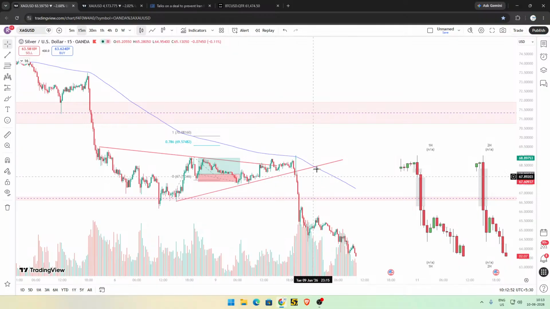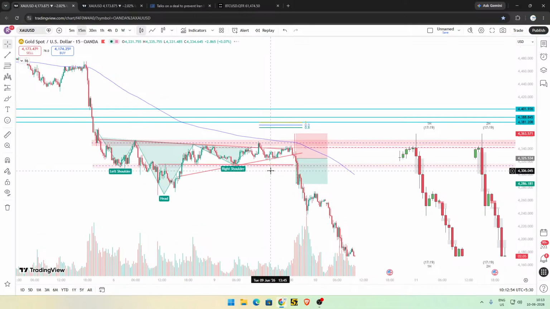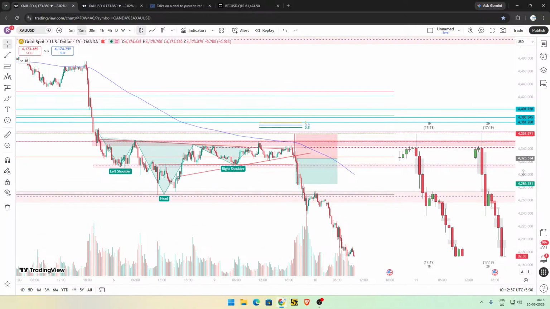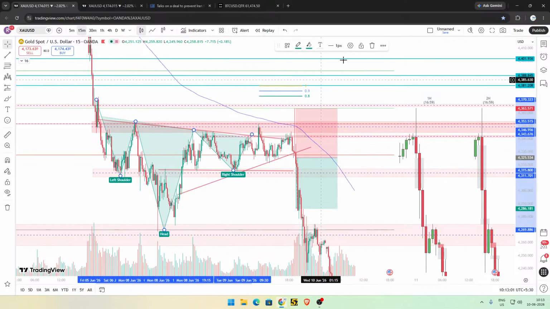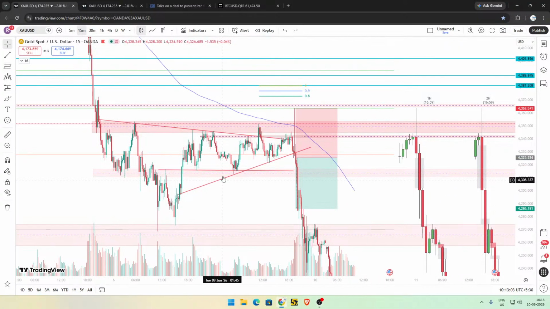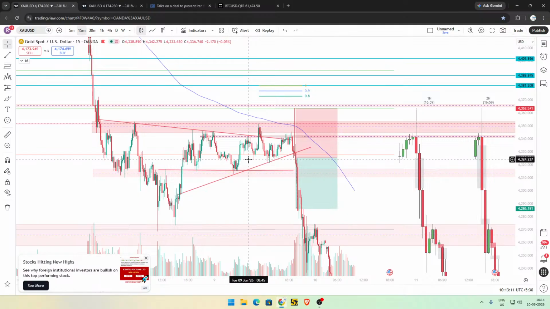See, it was between a range, means there is some sort of divergence. So I became kind of tired, so I left it. My SL was here, which I trailed till this area and exited many of my positions.